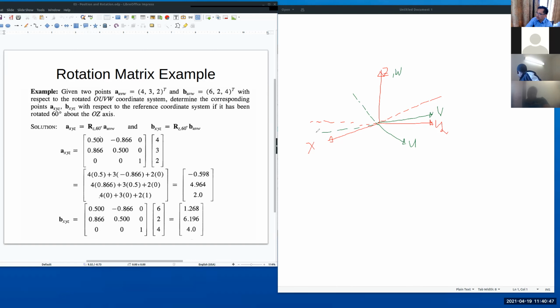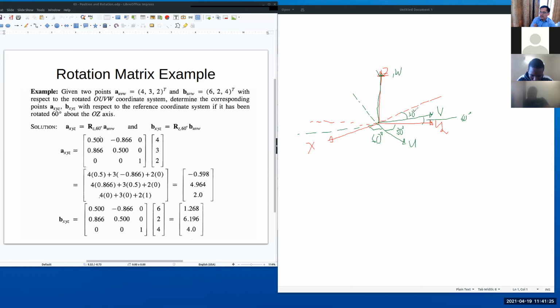So they're rotated, and they're coincident here. I hope that's clear now. And this is 60 degrees. If that is 60 degrees, that means this is 30 degrees. The same thing here, this is 60 degrees, and the other side is 30 degrees. Okay, I hope that's clear.